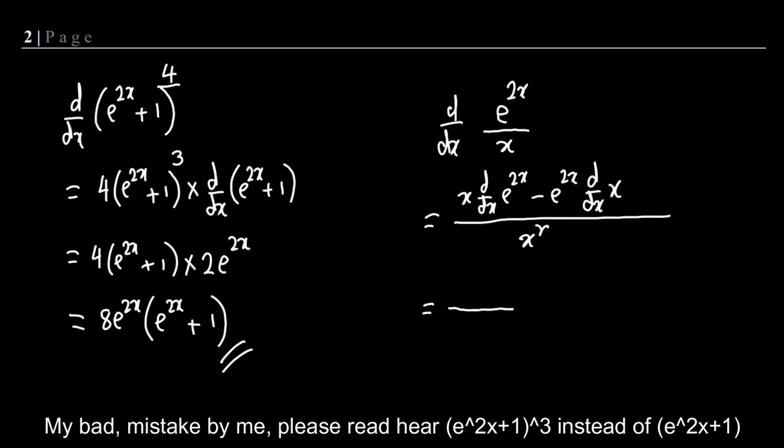So let's differentiate: x into 2 e to the power 2x minus e to the power 2x into 1, and below it is x square.